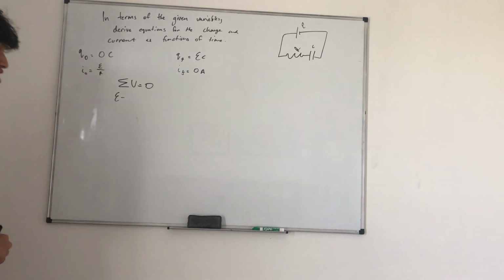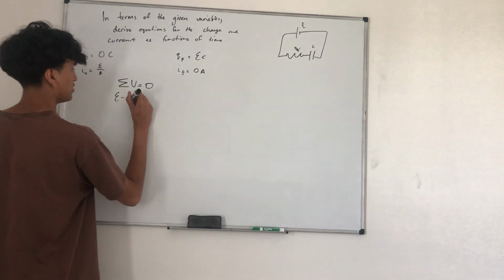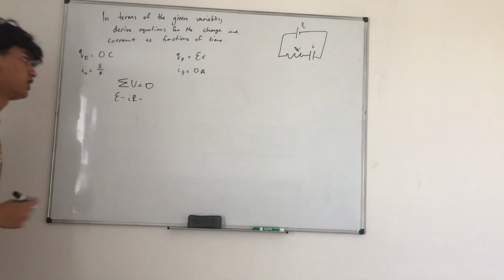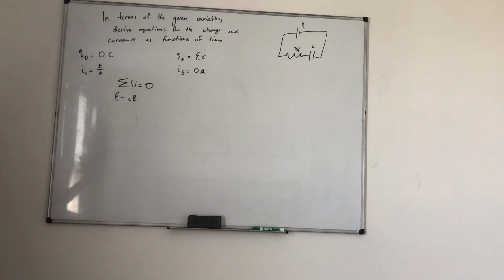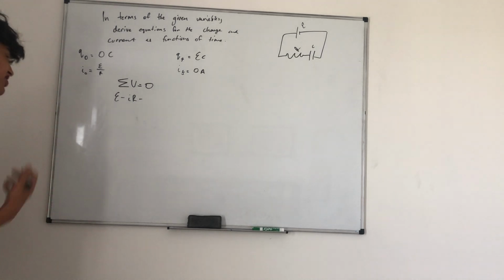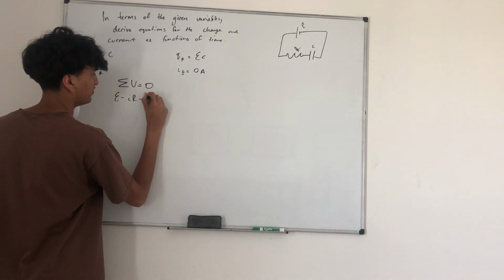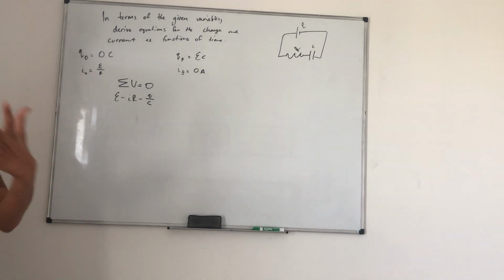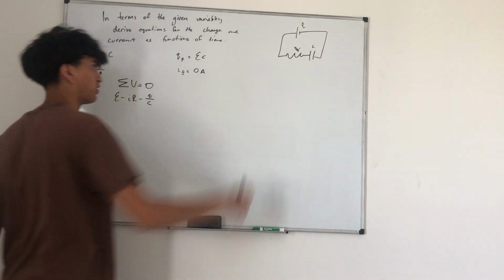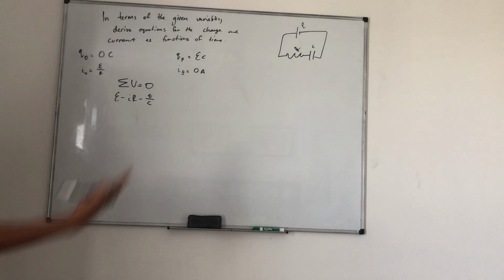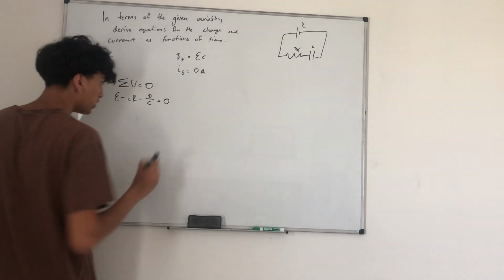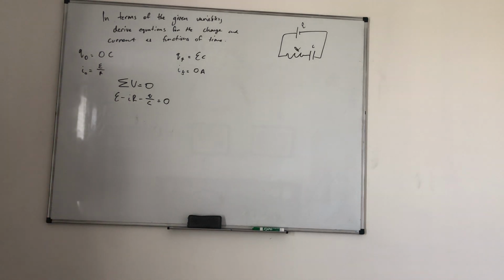We have the potential drop by the resistor, IR, and minus the voltage drop by the capacitor, which is going to equal Q over C. That's the voltage the capacitor takes up. Some of the voltage goes to the resistor, some of it goes to the capacitor. The voltage taken up by the capacitor is Q over C, and we're going to have it all equal to 0.